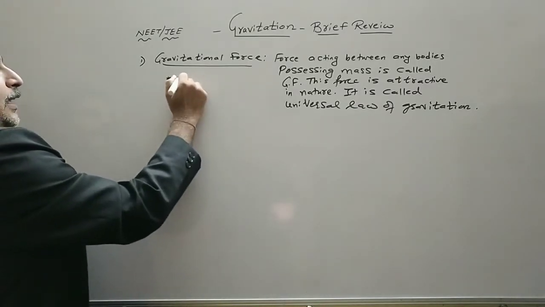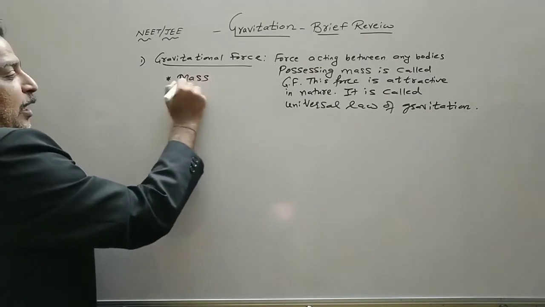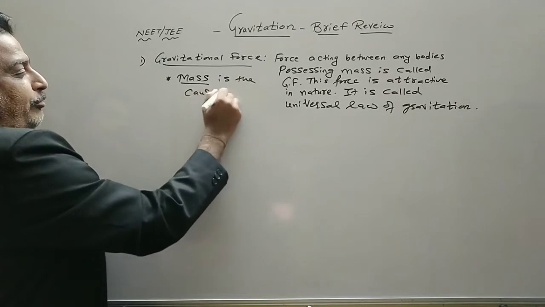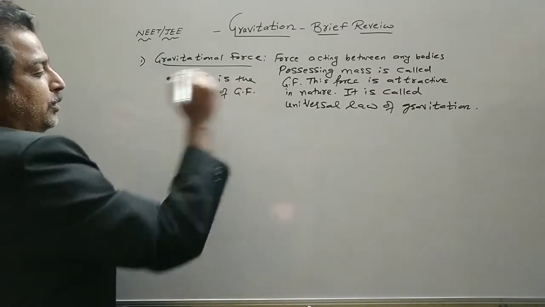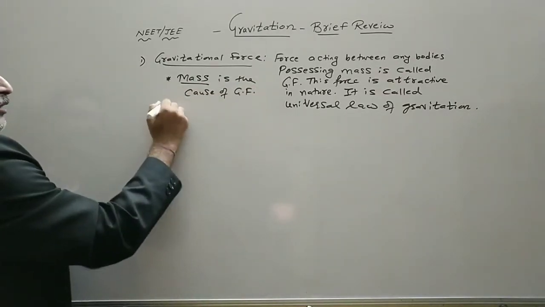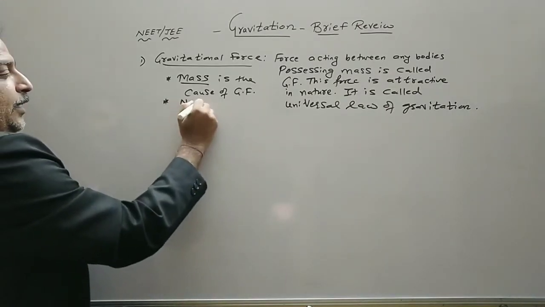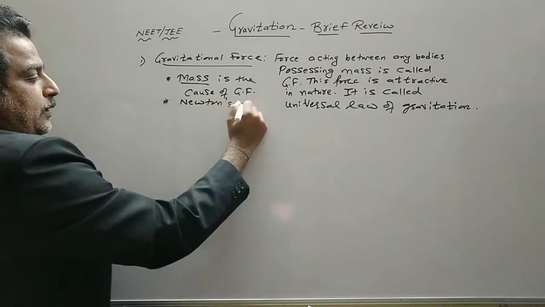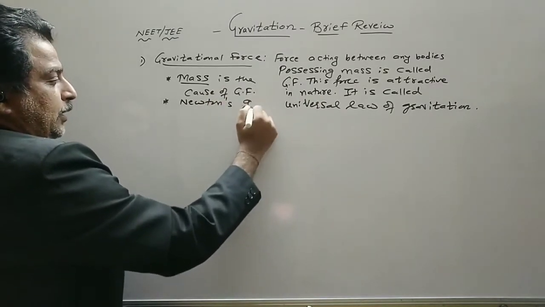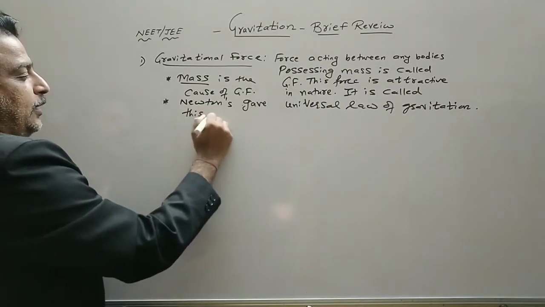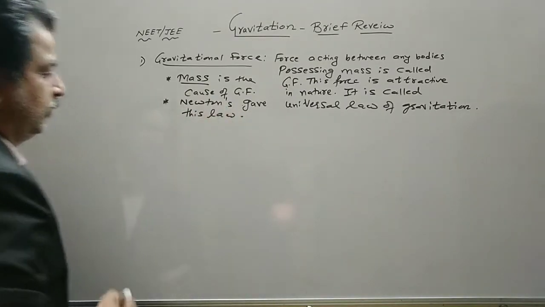So we can say mass is the cause of gravitational force. This law of gravitation was given by the scientist Newton. So Newton gave this law, that is the law of gravitation.